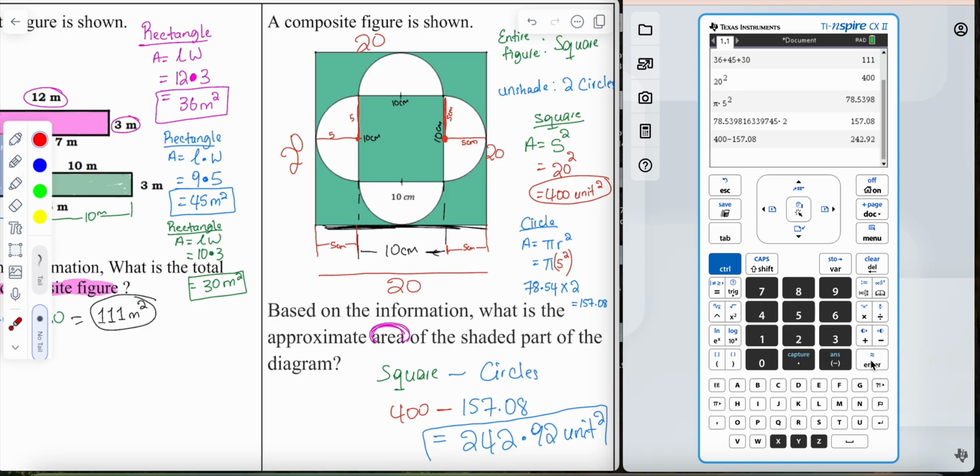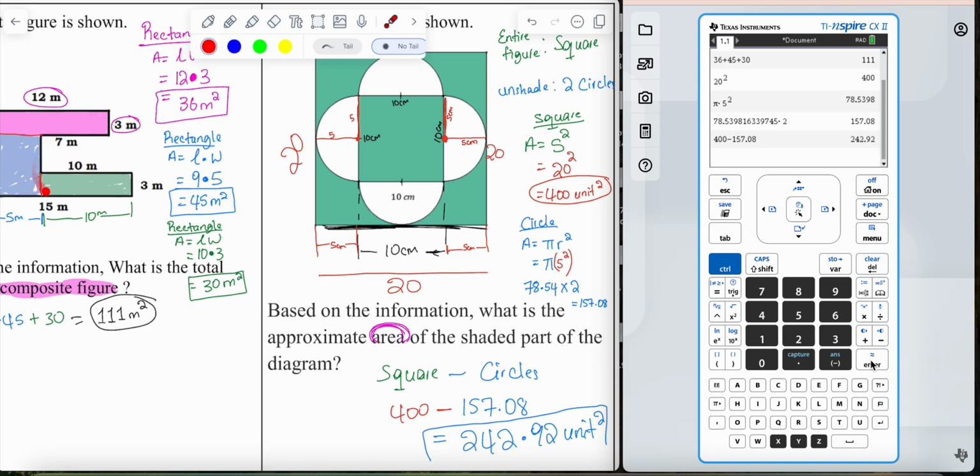So in this one, when you get the area of the square and the circle, you will not add. Over here, we added because we wanted the area of everything. Over here, we only want the area of what is shaded. So because we don't want the area of everything, we have to subtract.